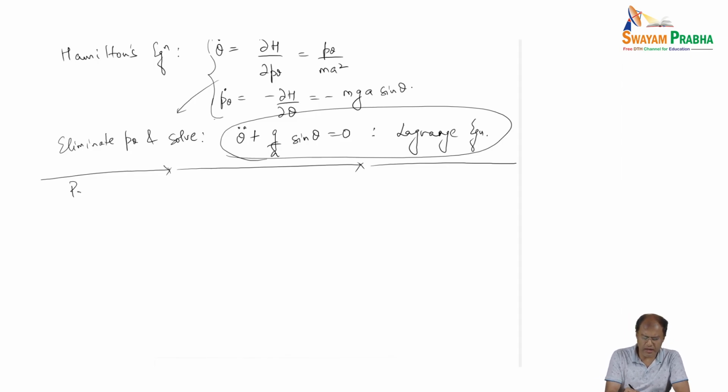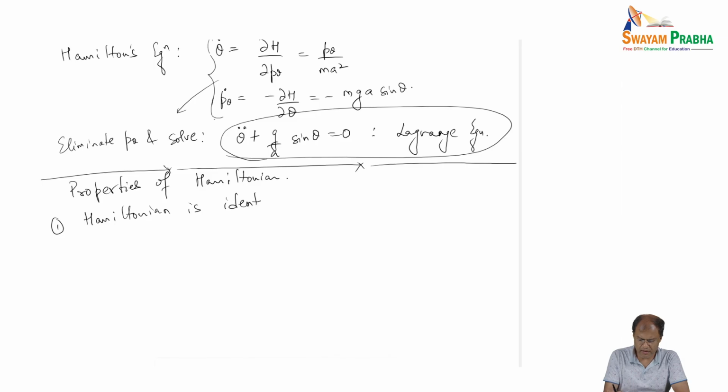So let me quickly discuss the properties of Hamiltonian. The first one is that the Hamiltonian is identical to the energy functional. So we can quickly relate Hamiltonian to the energy of the system, the energy functional.